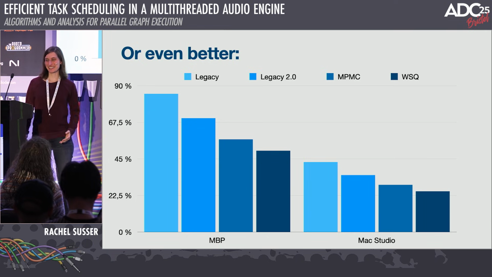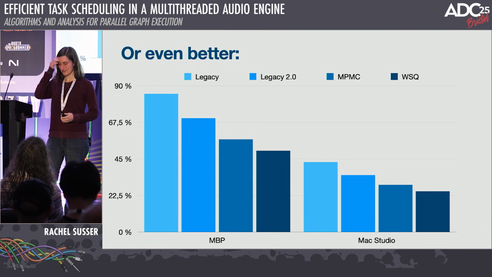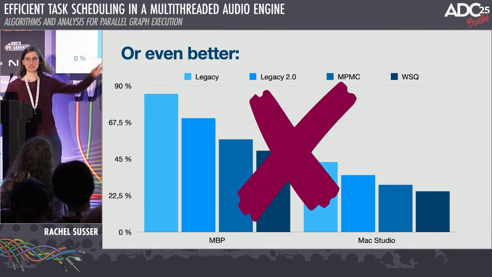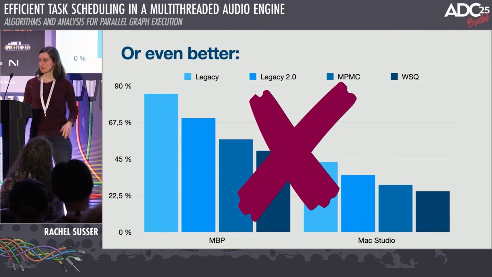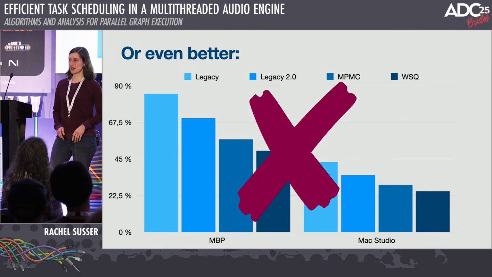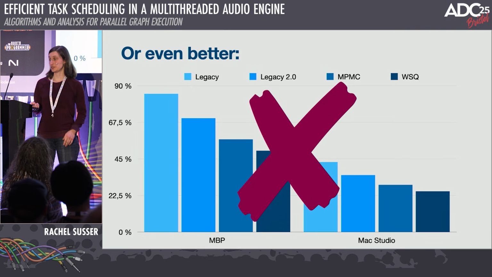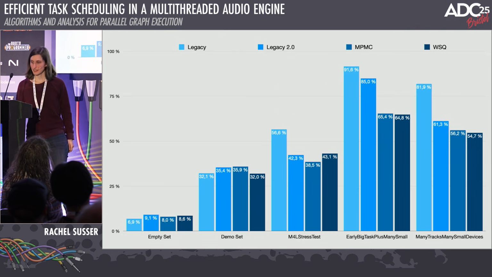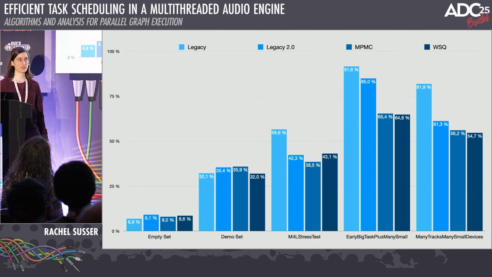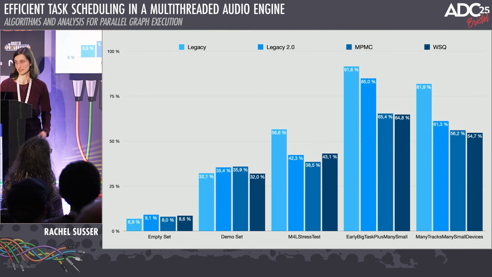So the results I have to share with you are a bit messier. Let's take a look at how the different schedulers performed on the MacBook Pro with a few different test cases. In this chart, you see performance measurements from 5 different benchmarks.